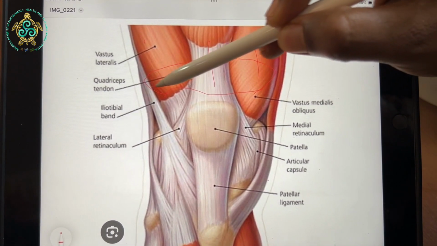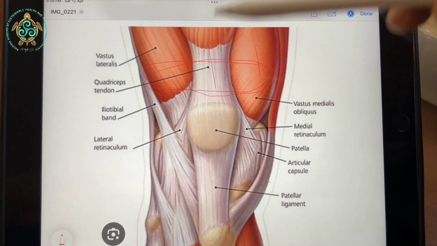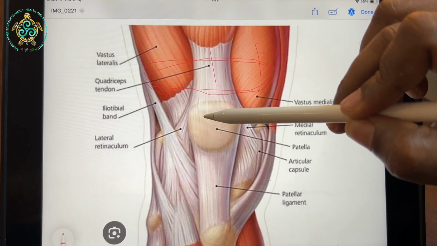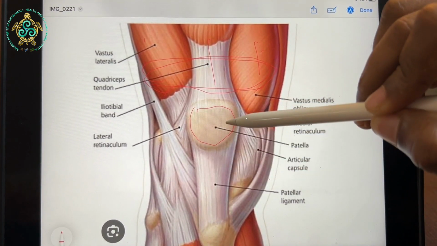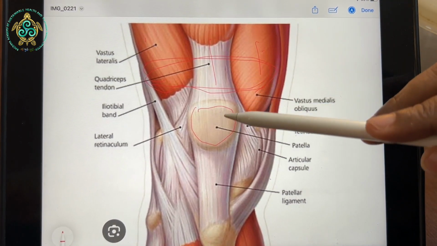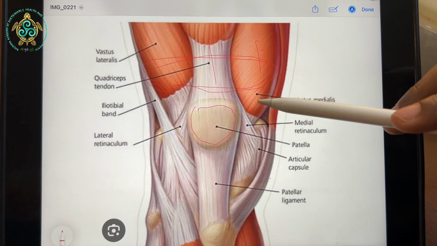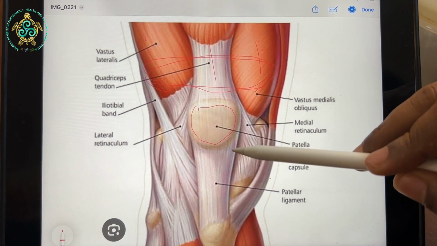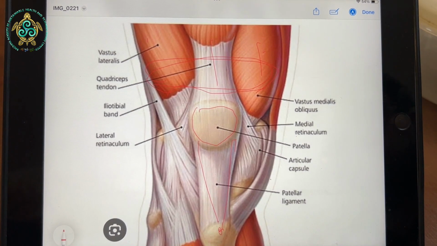Now, this forms our quads muscle, and it is very important in maintaining the stability of the knee. In the tendon of this muscle lies the patella, the largest sesamoid bone in the human body. And remember, after that, it becomes the patellar ligament that attaches to the tibial tuberosity.